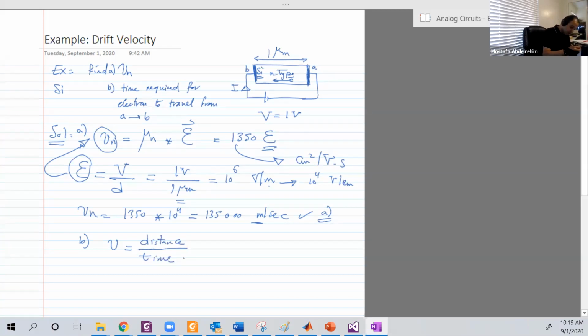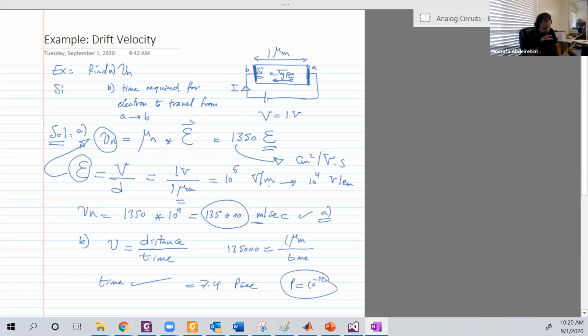So the velocity we have here in meters. We have the distance, it's 1 micrometer, and we just want the time. So we can easily calculate the time. It will be 7.4 picoseconds. And pico is just 10 to the minus 12. It's not hard at all.